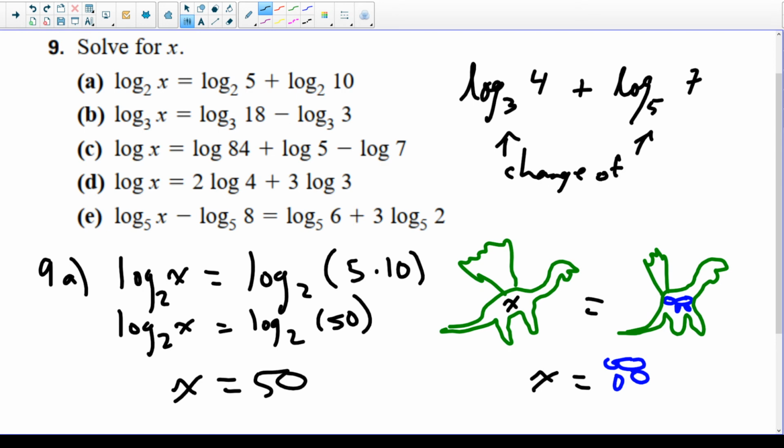Or you could change one of them into the other logarithm, right? So we have that change of base formula now that would allow us to change one of the logarithms into the other type of logarithm, or both of them into a log base 10. And I think that's what you'd have to do. But that's right off the top of my head without reviewing notes. So I'm pretty sure that's what we'd have to do in a case like that.